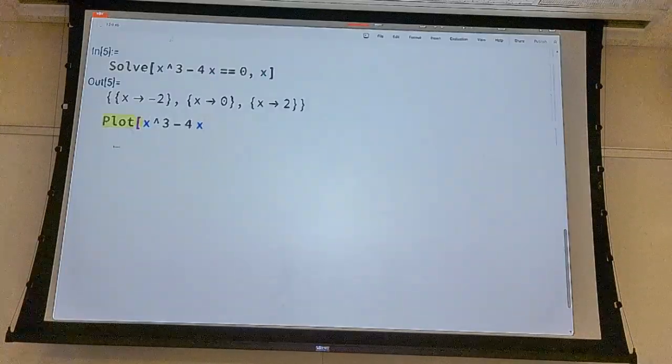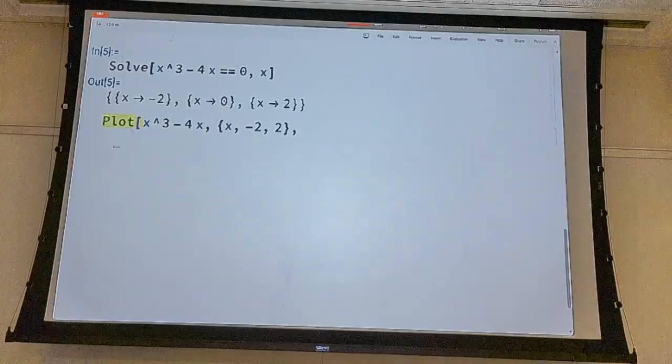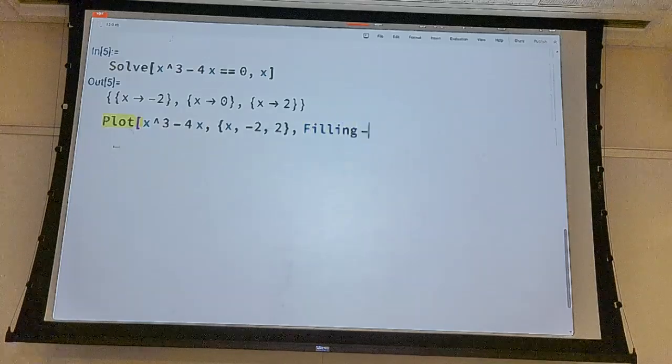So let's just plot that from negative 2 to positive 2. Let me not touch the plot range. This time, I only want to fill it with the axis, so it's going to go axis to curve. That's how it's going to fill.